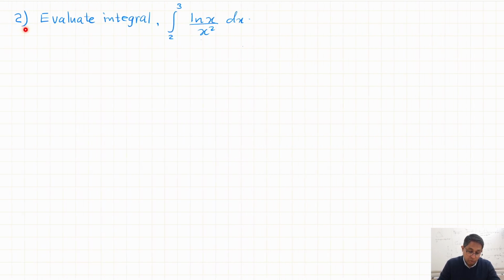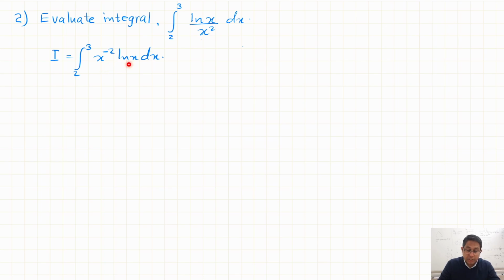Question number 2. You have to evaluate this integral. I'm going to write this integral as I, and 1 over x^2 you can write as x^(-2). Therefore, you can write I equal to the integral from 2 to 3 of x^(-2) ln x dx.